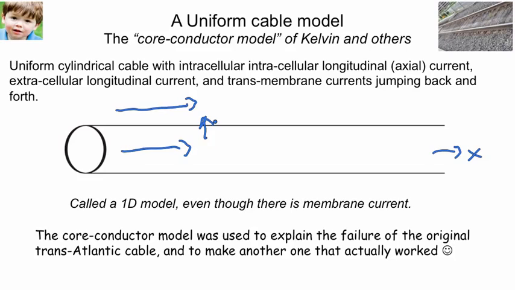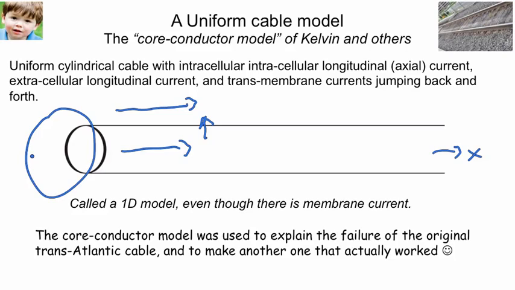Kelvin was a member of the committee to figure out what had happened. And in the course of doing that work, the mathematical model that was frequently used came to be called the core conductor model, because in that connection, this cylinder was a physical cable that went from England to the United States.